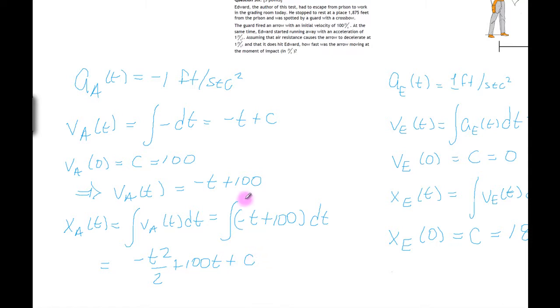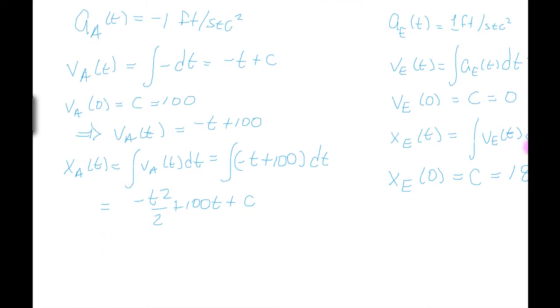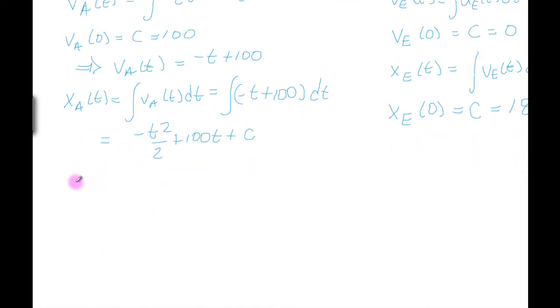The initial value for the position of the arrow is 0. So we plug in, and we have that the position of the arrow is minus t squared over 2 plus 100t plus 0.